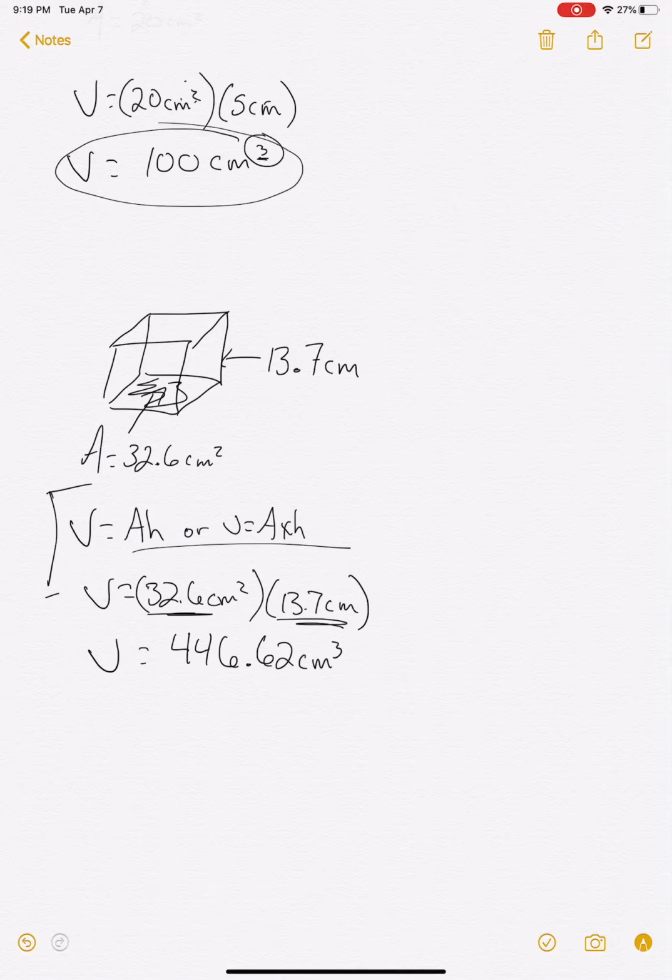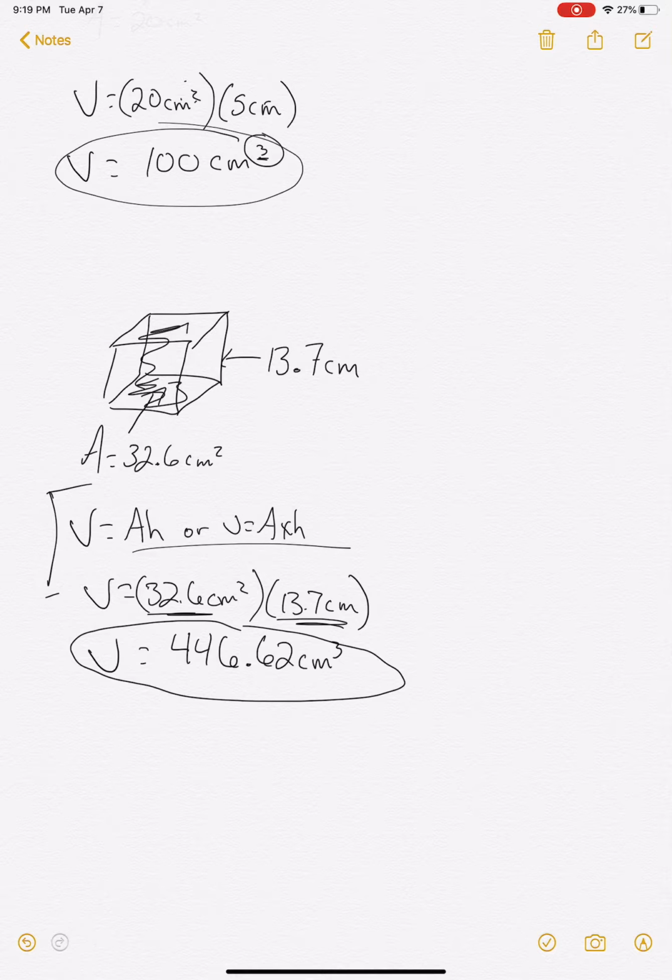Again, this ends in two decimal places, but if we have 3, just round that number up or down. So our total volume, if you were to fill this up, you would have 446.62 centimeters cubed.